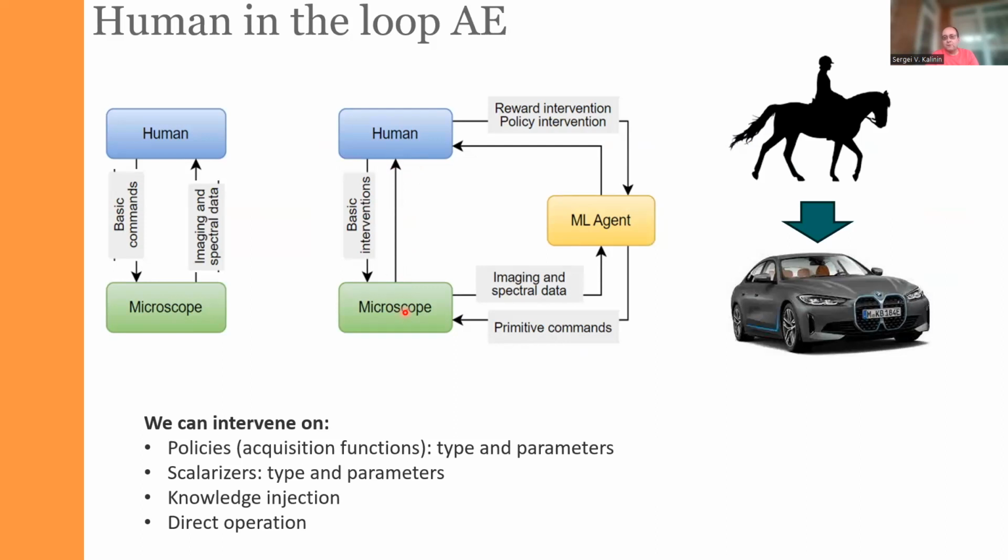But now let's look at numbers. What's the difference between the human and the ML agent running the microscope? For machines like classical AFMs or STMs, the human decision-making speed is roughly comparable to the rate at which the microscope can acquire data, maybe within a factor of 10.